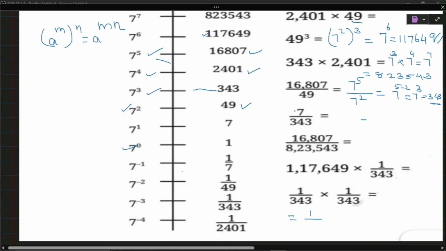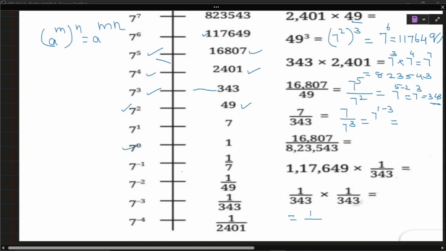Now next question, 7 divided by 343. 343 is 7 cubed, as you can see from the table. Now 7 is equal to 7 raised to 1. So 7 raised to 1 minus 3, because it is division, you have to subtract the powers.